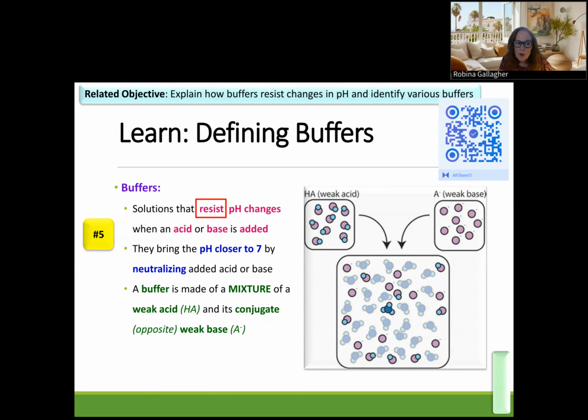They help bring that pH closer to 7 by neutralizing the acid or base that's being added. So that neutralization reaction that we were talking about occurs. A buffer is made up of a weak acid and a weak base, and it just helps keep the pH kind of stable.